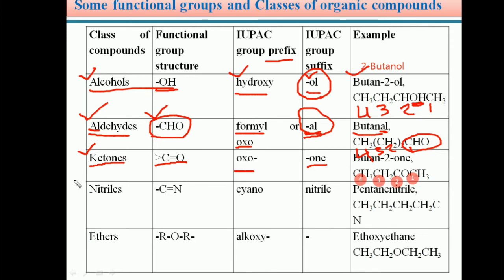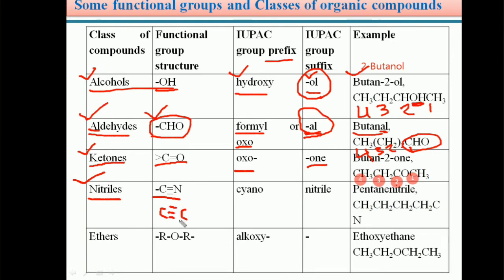Similarly, the next class of compounds is nitriles. For the nitrile class of compounds, the functional group structure is C triple bond N. Students, if it is C triple bond C, it is the alkyne functional group, yne.